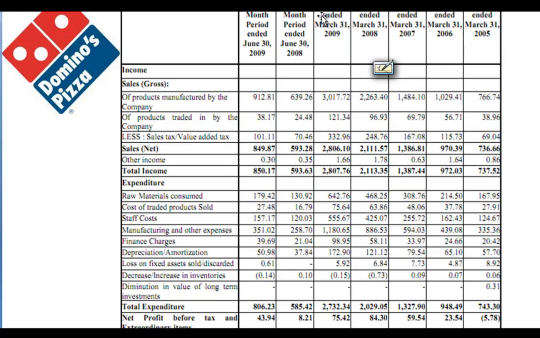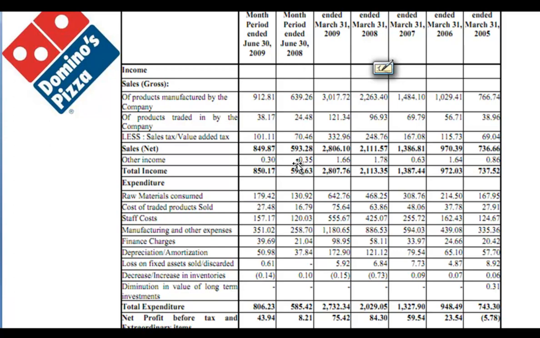The name of the company that owns the Domino's franchise in India is Jubilant Foodworks Private Limited, right now Public Limited. And when they were going public, they felt the need to show all their historical finances so that investors could look at this and make an informed decision on whether to invest in this company or not. But typically companies will just report that year and the previous year, and maybe that quarter and the last one or two quarters.